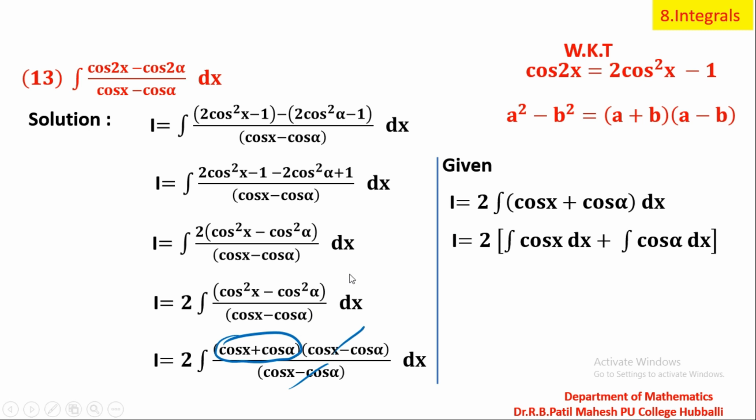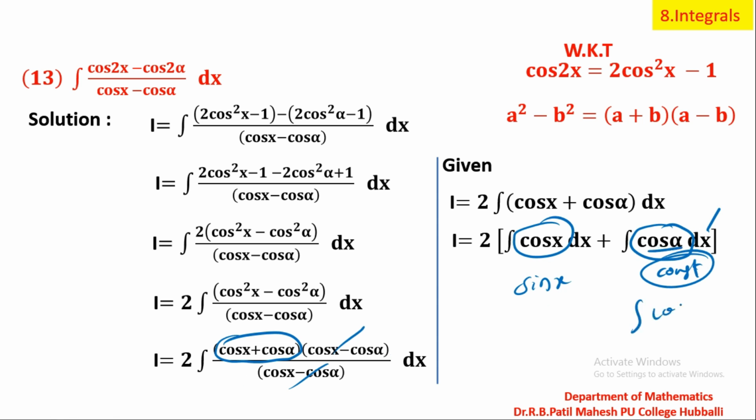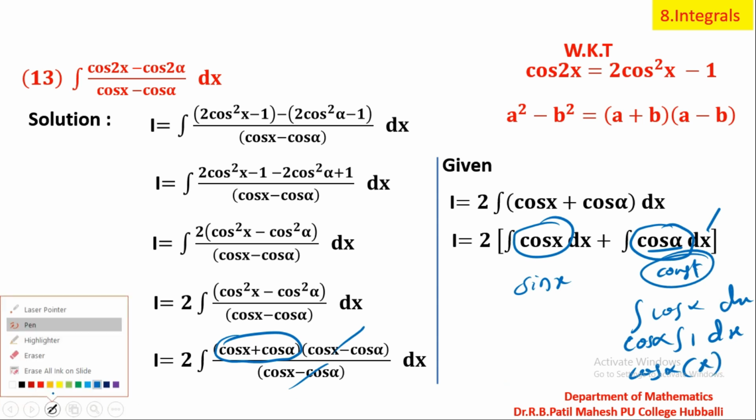Students, note here, cos x is a function, so the integration of cos x is sin x. Cos alpha is a constant. Remember, this is a constant because you are integrating with respect to x, so cos alpha will act as a constant. Then what is the integration of cos alpha dx? Cos alpha you take outside because of constant, so integration of 1 dx is x. Hence, cos alpha into x is the integration of cos alpha dx.